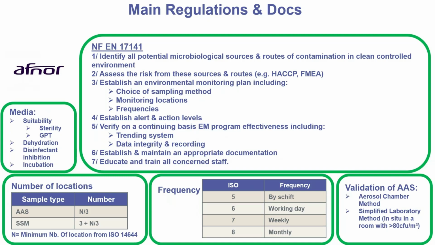Some details are given for the media and the number of locations, for example here for active air sampling and surface sampling monitoring in relation with ISO 14644, and also details relevant to the frequency, depending on the zone class ISO 5, 6, 7, 8, and some elements relevant to the validation of active air sampling: from the supplier, the aerosol chamber method, and for the users, the simplified method with the in situ study.